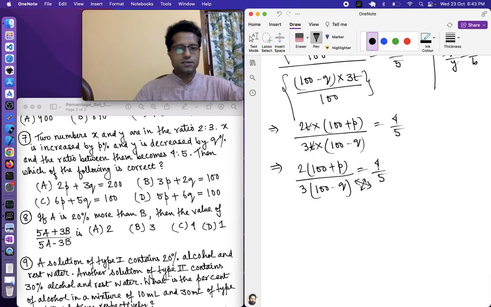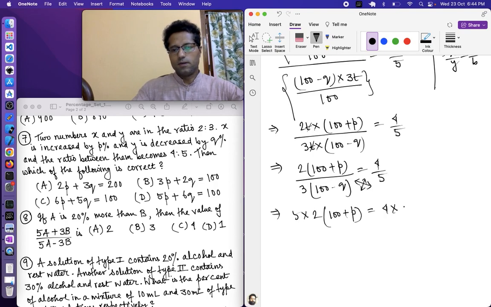The question is asking which of the choices are correct, and all the choices are some relation between p and q. So doing cross multiplication we get 5 into (200 plus p) is equal to 4 into (300 minus q).